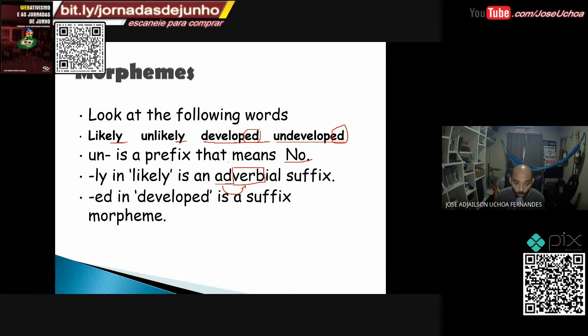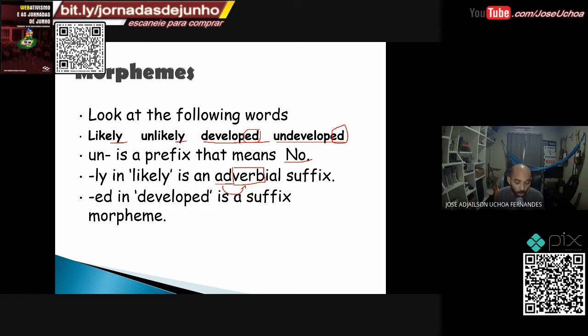Okay. For the moment, I just would like you to keep in mind that ed in developed is a suffix morpheme. A suffix is the ending of words. And taking it from an analogic perspective, a prefix is part of the beginning of words, as ad in adverbial.